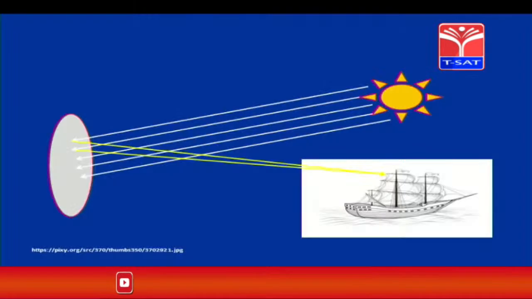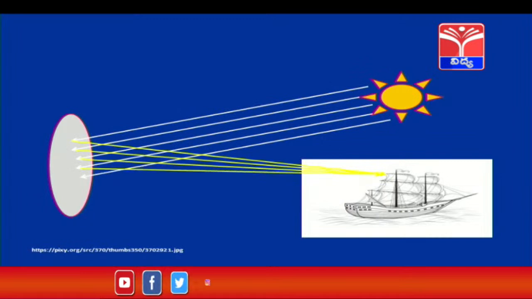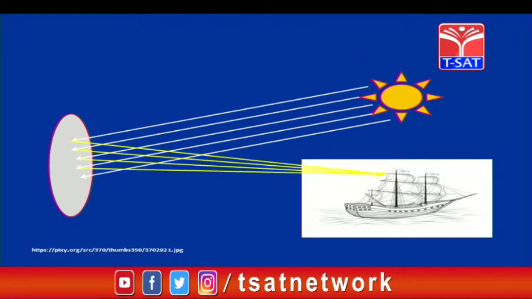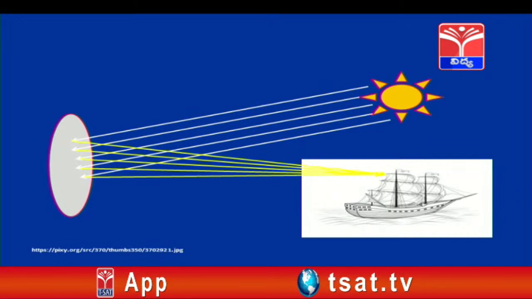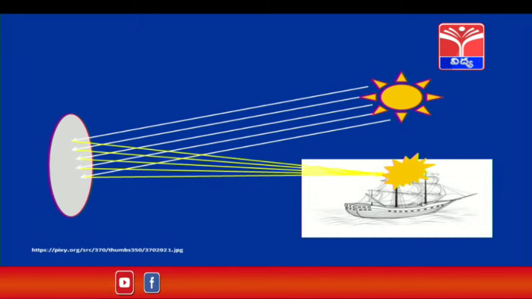It is believed that Archimedes took the help of large concave mirrors and adjusted them in such a position that the reflected rays of the sun were focused on the enemy ship, and after a certain time the ship started burning. This is a legendary story, children.